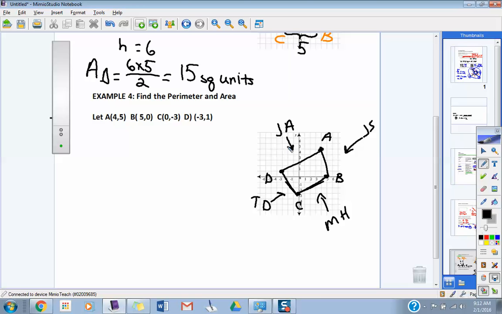Jacob, how much were you? 5.099. So we'll call it 5.1, and we'll round to the nearest tenth on that. So I'm going to call this about 5.1. Anybody else ready? McKenna, for your side? 5.8. You're all right. Make sure you're putting C and D in there as points, okay?